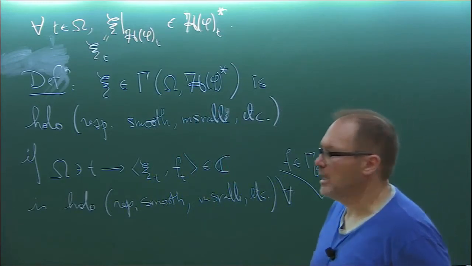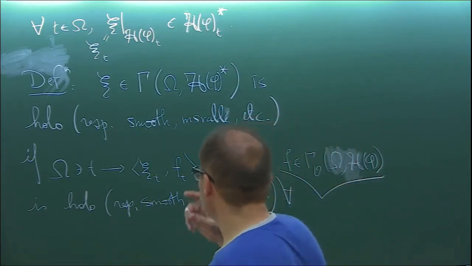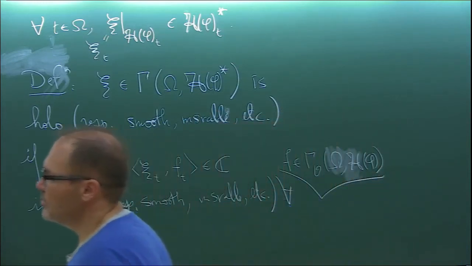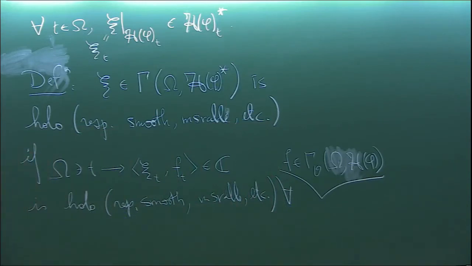Okay. Now, it's actually just enough to check it for a certain f. You can check it if you take a single fiber. All the fibers are actually the same as subspaces of this. So if you pick one of these guys, say in h phi sub 0, then you define a section by just moving it constant.